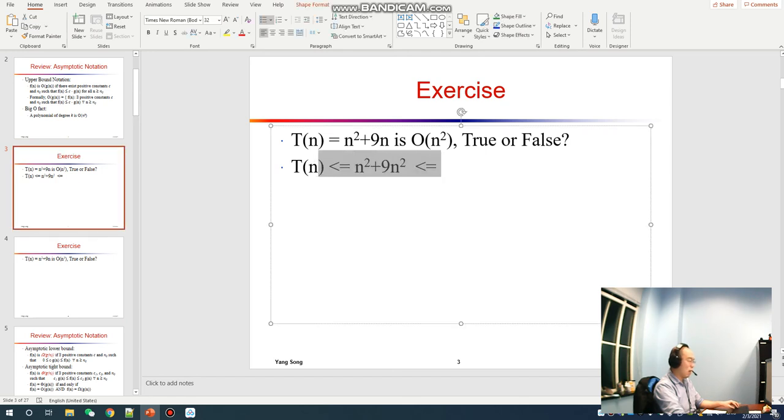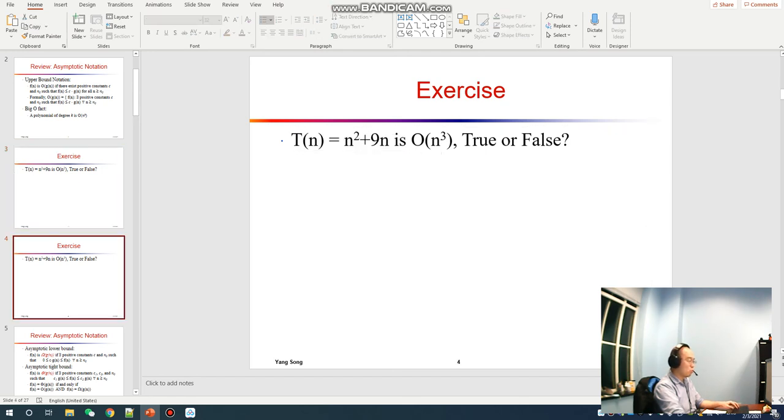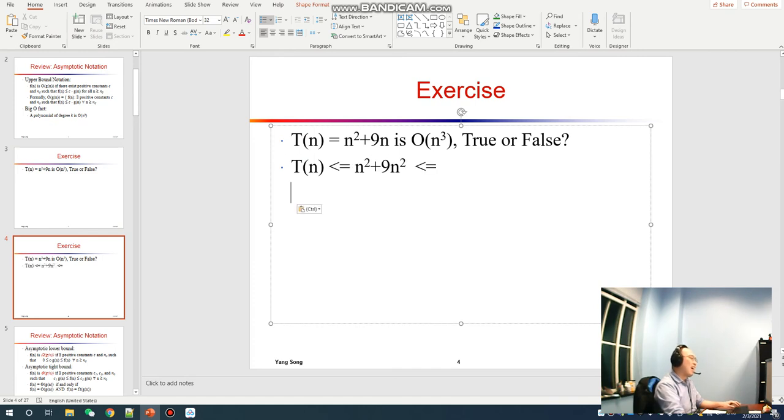It is smaller or equal to, oh, I worked on the wrong place. Here. So this is 10 n squared, right? And remember, it is for n greater than 1. Then I want to do one more step.